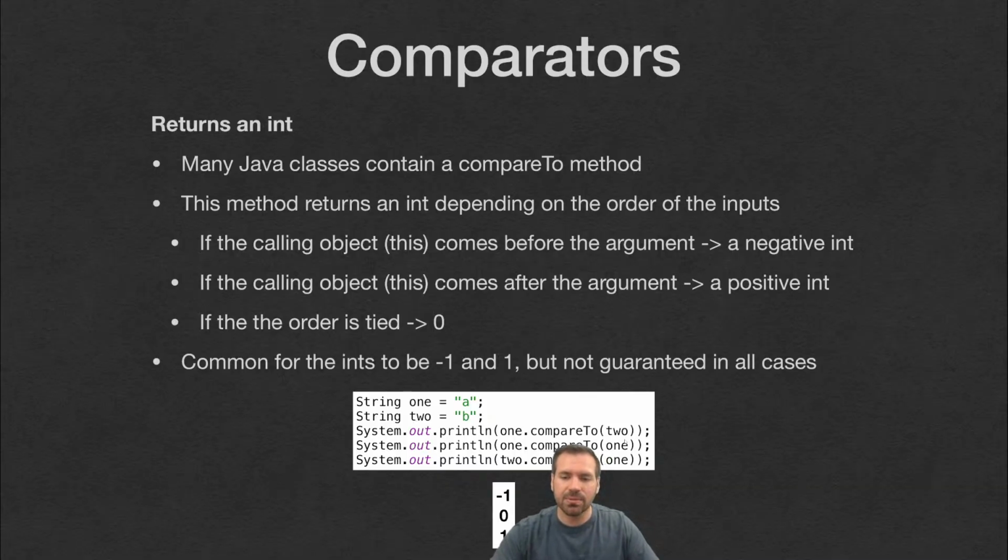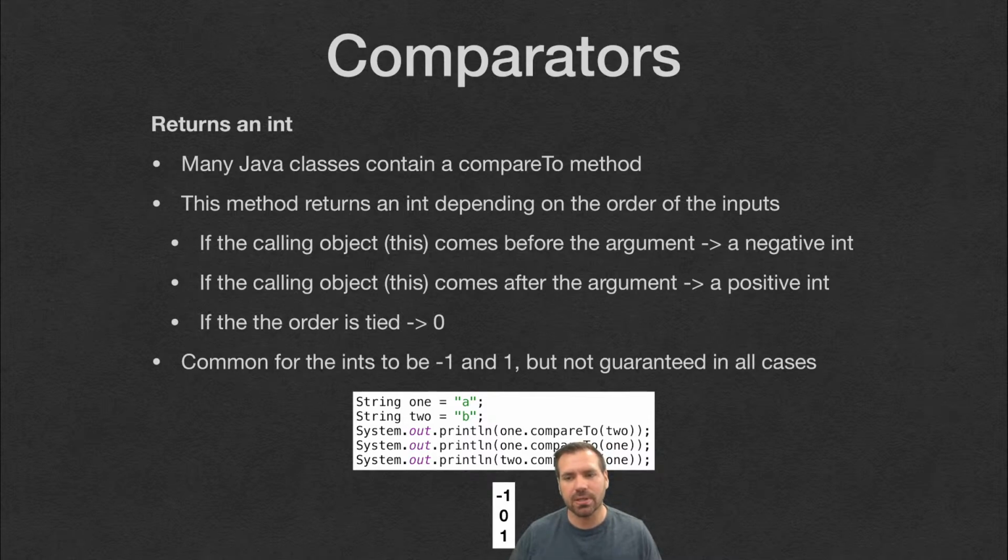So here A comes before B, so we get a negative value. A comes at the same time as A, so it returns 0. And B comes after A, so it returns a positive integer. Now a lot of these compareTo methods will return exactly -1, 0, and 1, but do not fall into the trap.